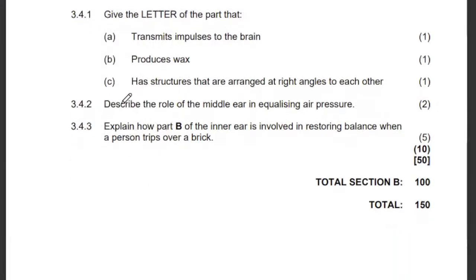Describe the role of the middle ear in equalizing pressure. Role of the middle ear. Basically, you know that the eustachian tube equalizes pressure on either side of the tympanic membrane. But now they're saying the role of the middle ear in equalizing air pressure. So they have given you the function, that it equalizes pressure.